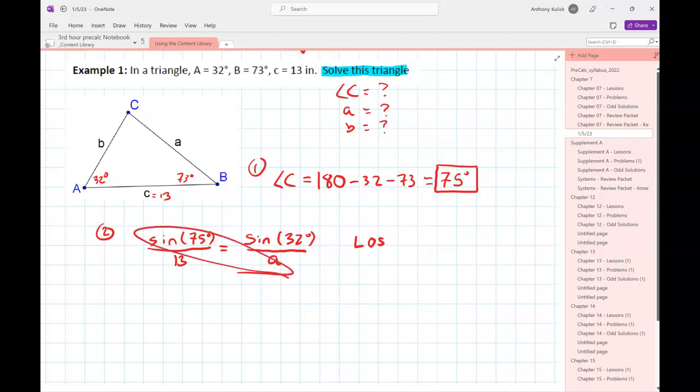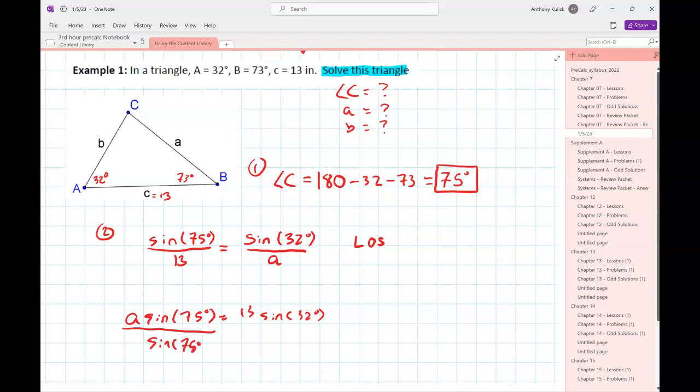So you just would have A times sine 75 equals 13 times sine 32. And then we can divide both sides by sine 75. And then it's calculator time.